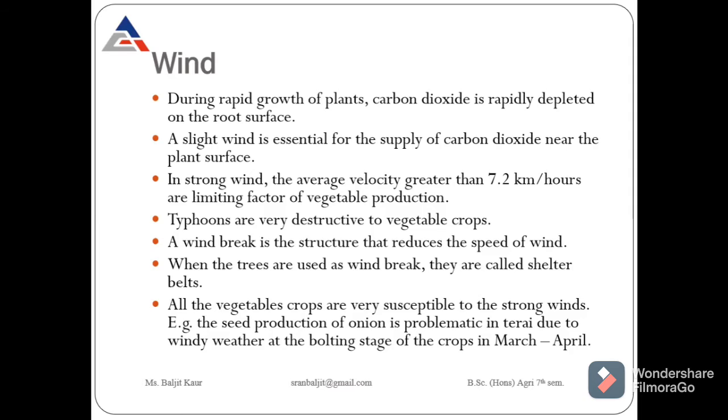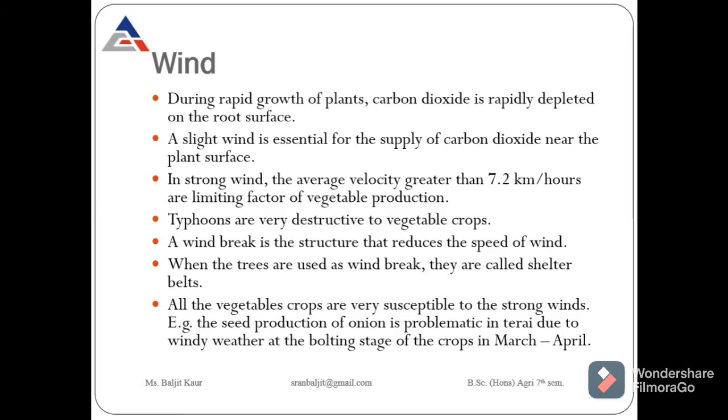At the time of flowering, if winds prevail, then flowers will shed off and the flowers will not convert into fruits, right? So at the time of seed harvesting, seed will shatter down if high winds prevail, right? So to protect the vegetable crops from winds, we can provide wind shelters or wind breaks.